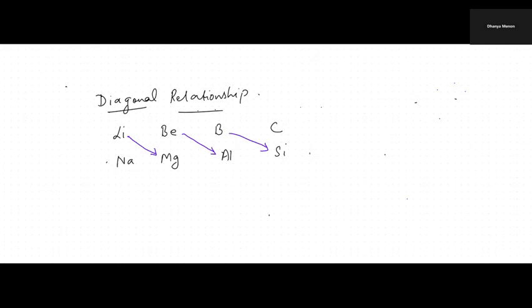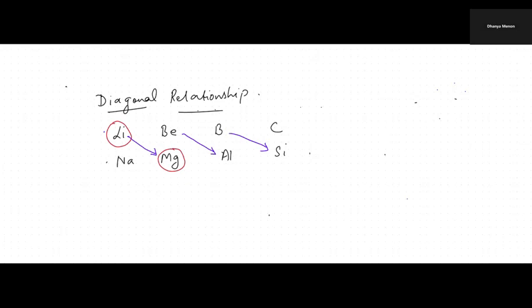So it is the striking similarity between the first element of a group and the second element of the adjacent group on the right hand side. This is called diagonal behavior. Why does this happen?